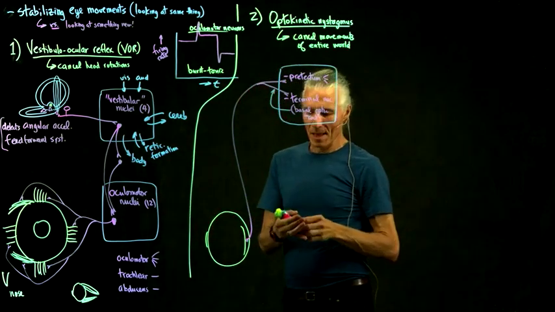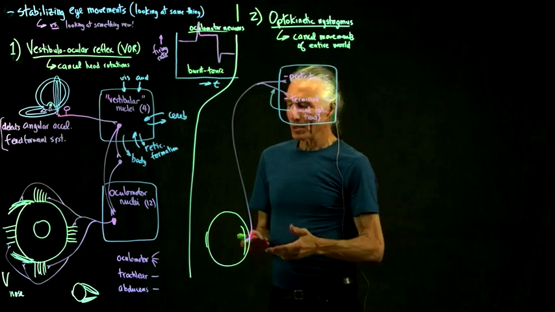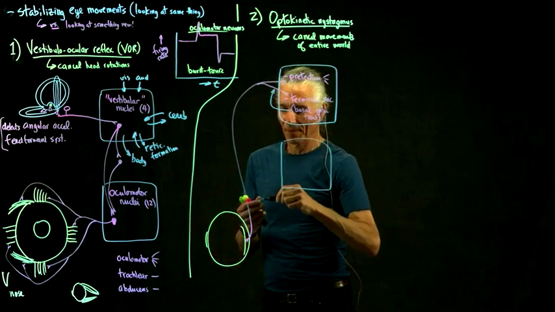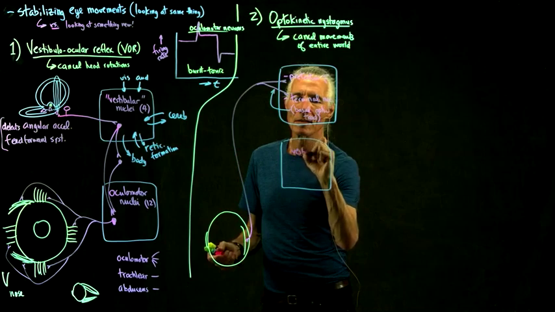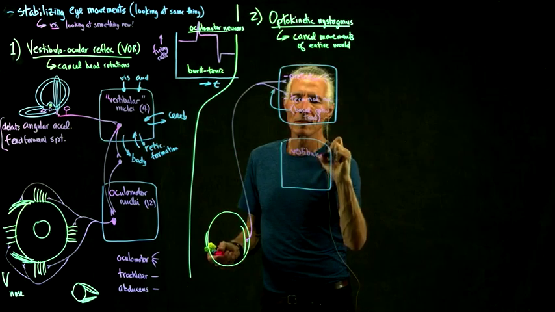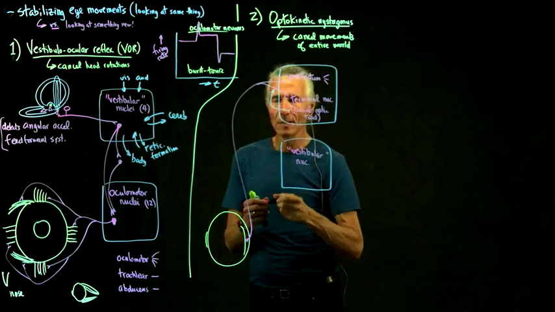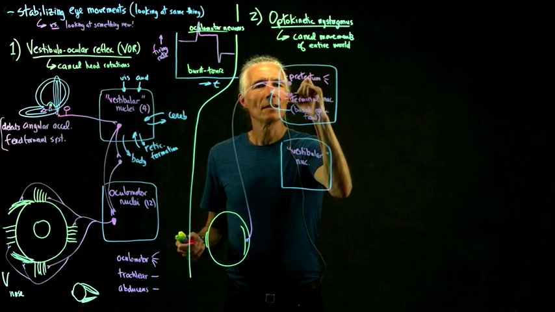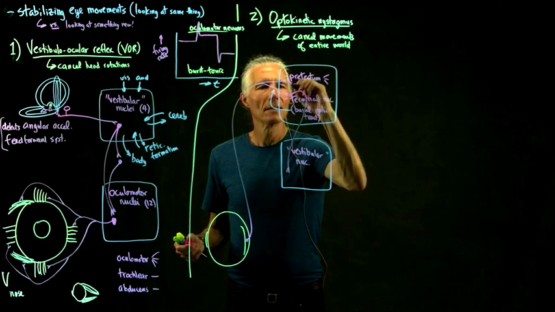So then neurons from this structure project to the vestibular nuclei. I'll just draw them again. So here's the vestibular nuclei, same as they were before. Nuclei, we'll put it in quotes because you can see it's getting a whole bunch of visual input as well. So here's these guys, and they go down to the vestibular nuclei.